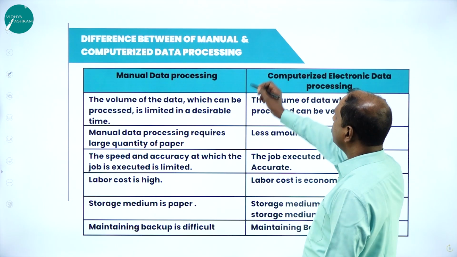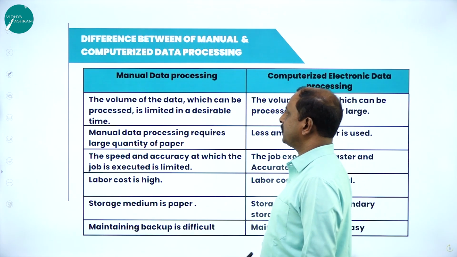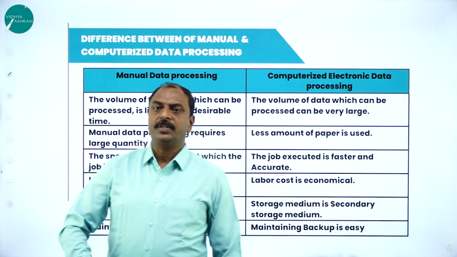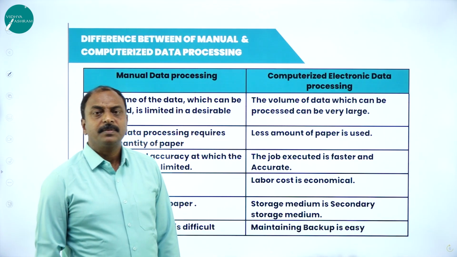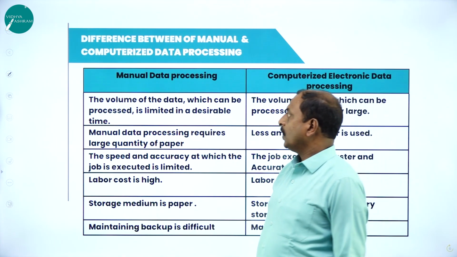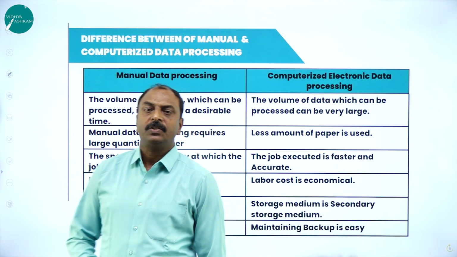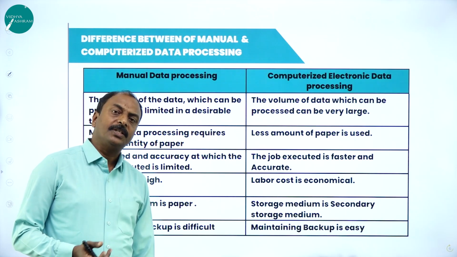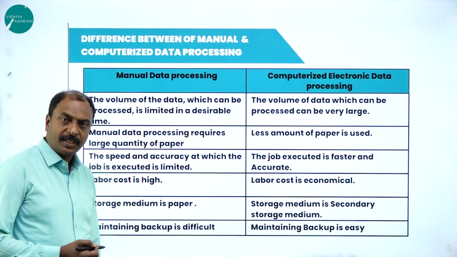Next, see the difference between manual and computerized data processing. Earlier, before the era of computers, everything was maintained manually, or everything was manual data processing. Now in the era of computers, we are using computers. Now we have changed from manual to computerized database systems. So here let us see the difference between these two.